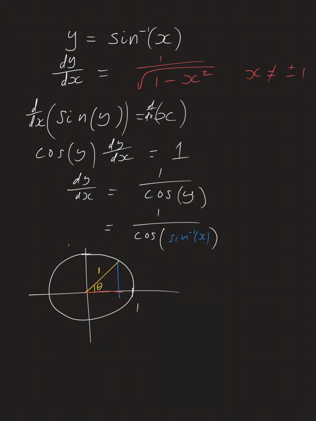So that blue line there, over 1, is the opposite over the adjacent, or it's the sine. So that's actually sine of theta here, that blue line. And the red part there is cosine. The length of that line is the cosine of theta.